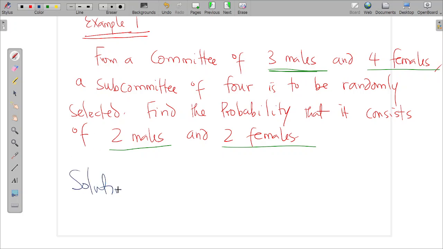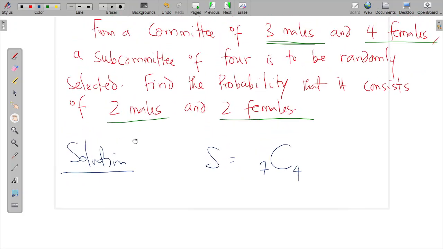We want to select a committee of 4, so the sample space is 7 combination 4, since the total is 7.